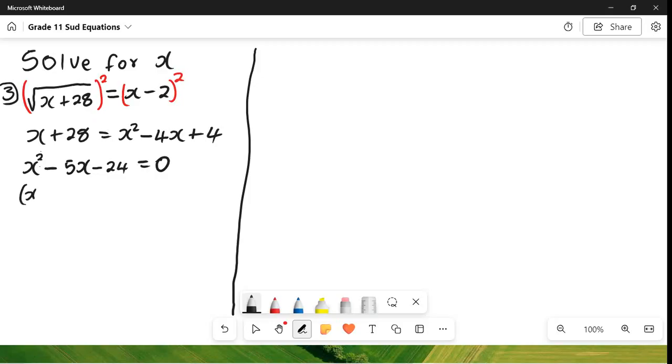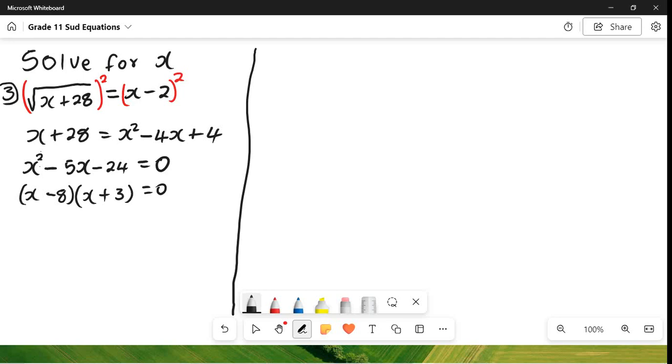and the factors of 24 that will also accommodate minus 5x are minus 8 and 3, minus 8 and positive 3.